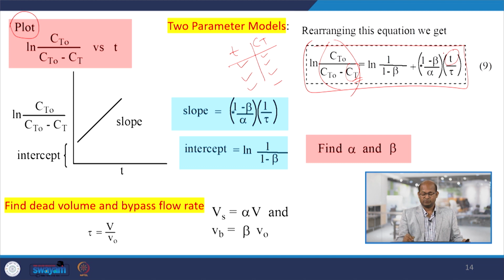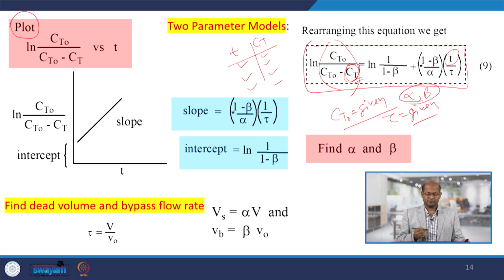So, at a given t, Ct is known at that particular time. Ct0 is given, tau is also given. So alpha and beta are the two unknown parameters that we have to find out. That is why we are doing the tracer test.